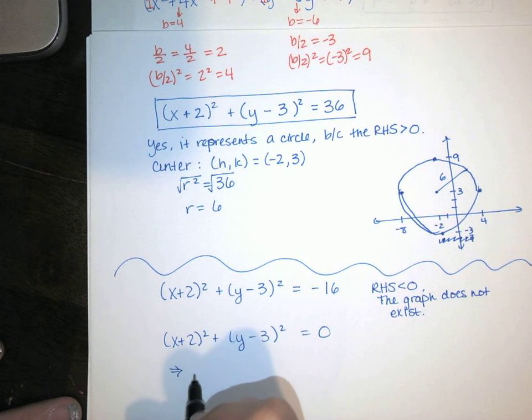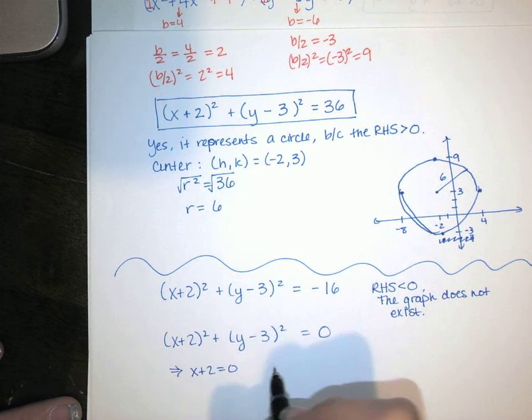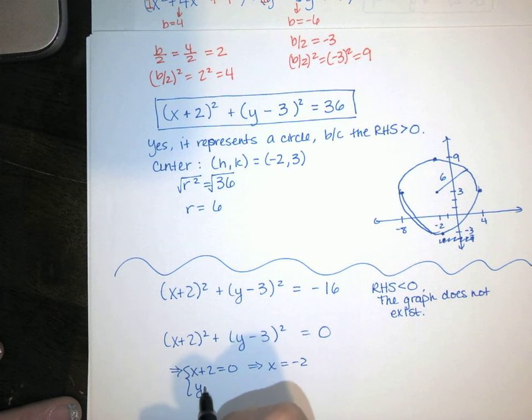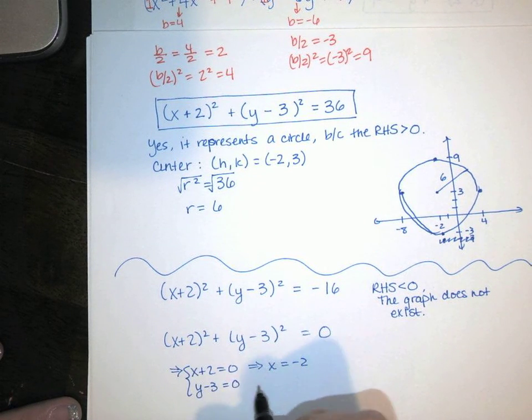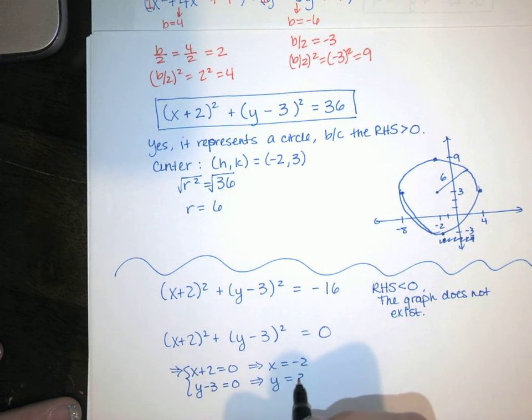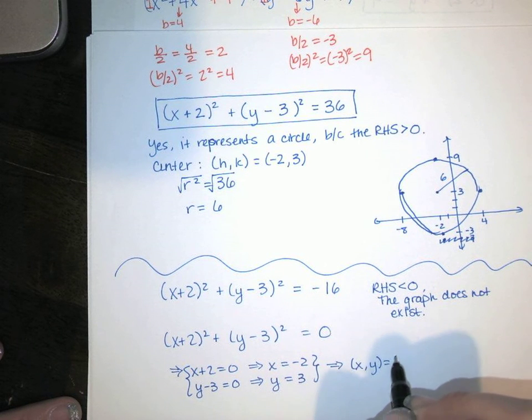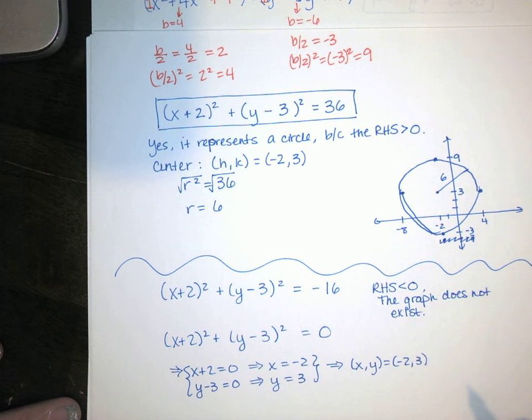So it's 0 when x plus 2 is 0, which means that x equals negative 2, and simultaneously y minus 3 is 0, which means y equals 3. So you put those two pieces together, and you get (x, y) equals (-2, 3). If (x, y) equals (-2, 3), I get 0 squared plus 0 squared is 0. That's the only xy pair that works.